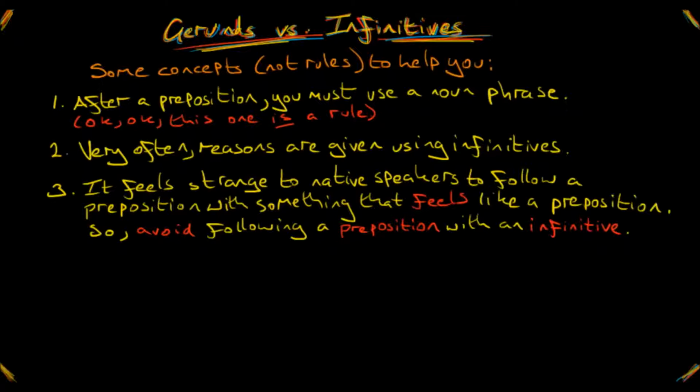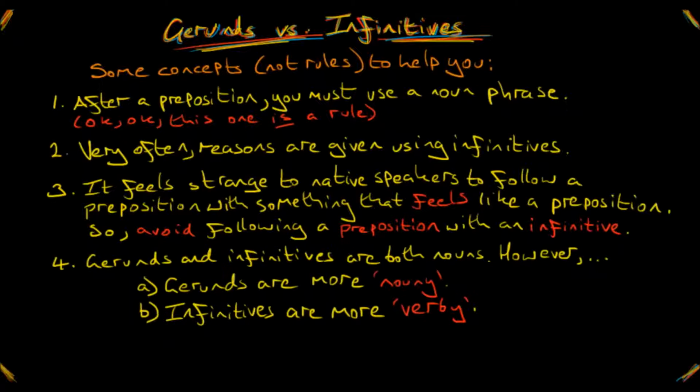When it's part of an infinitive, it's one thing. It's to plus base form, and so is one thing. But it does feel like a preposition. We'll see some examples in a moment, but the concept for this is avoid following a preposition with an infinitive.